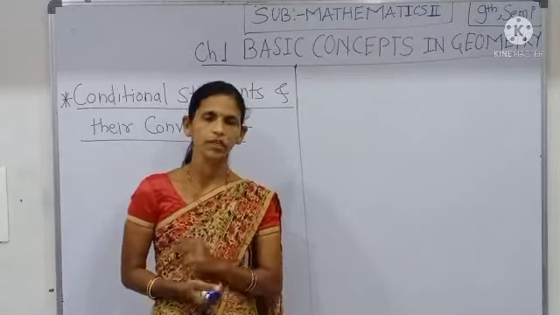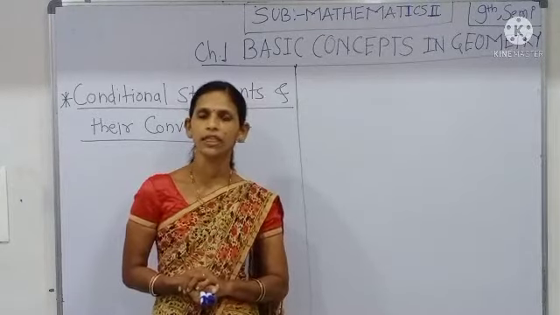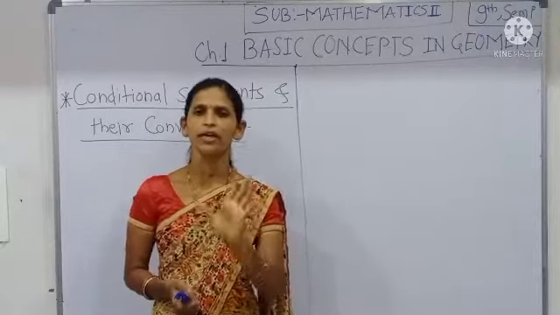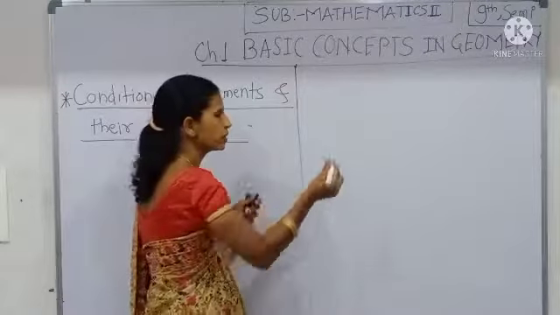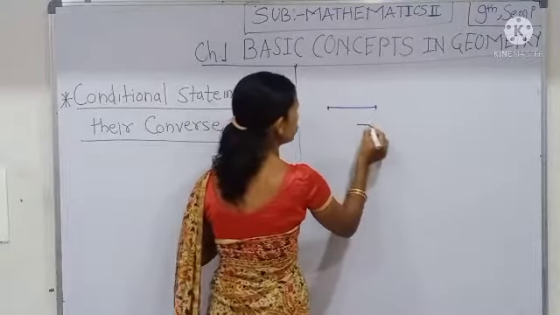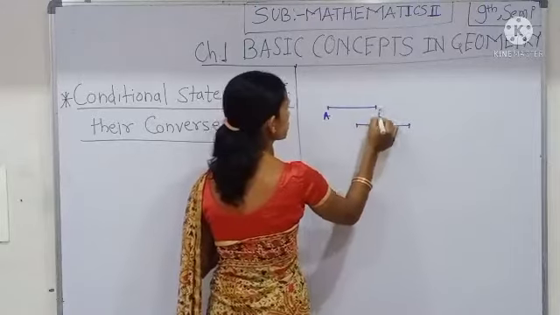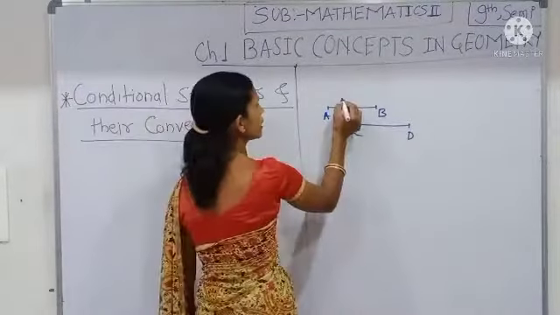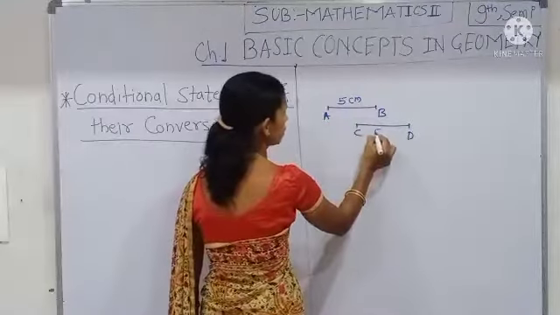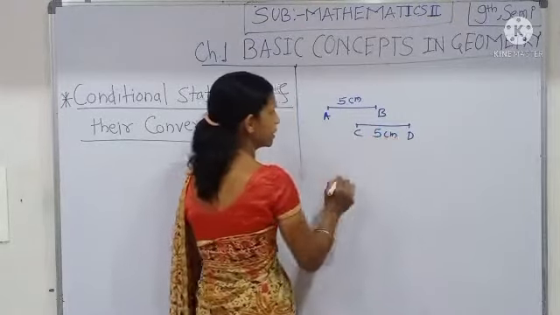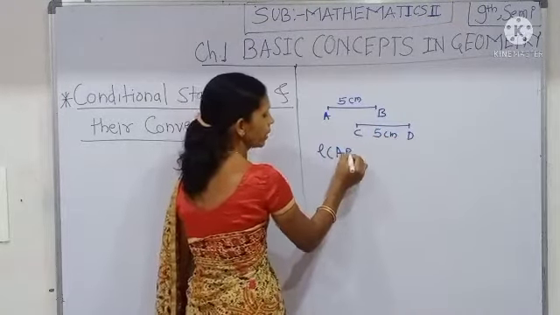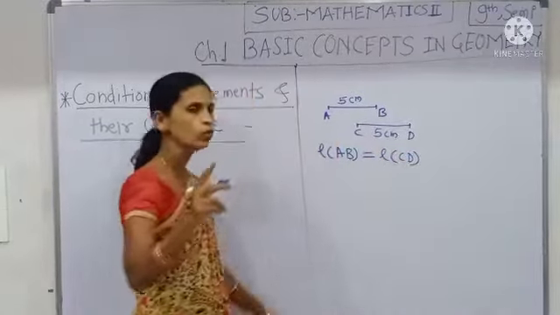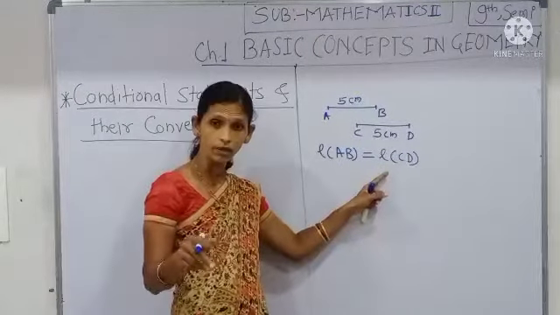For example, one property is: if the lengths of two segments are the same and equal. That means the lengths of two segments, AB and CD, are the same. If AB is 5 cm and CD is 5 cm, the length of AB equals the length of CD, so the lengths of two different segments are equal.